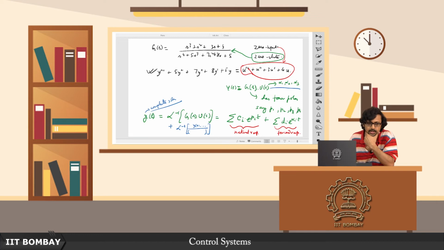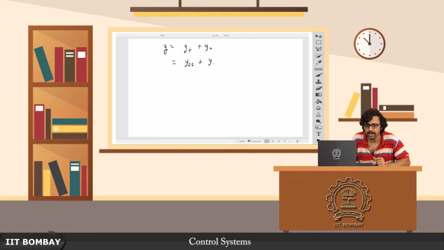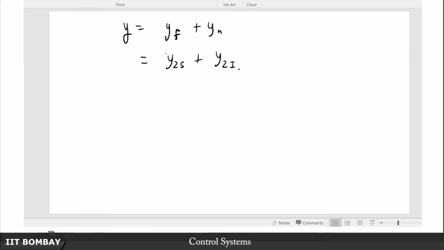So in other words, if I am to summarize this, you can write y as y forced response plus y natural response. You can write this as y zero state plus y zero input. But do not make the mistake of thinking that the y natural is nothing but the y zero input and the y forced is nothing but the y zero state.